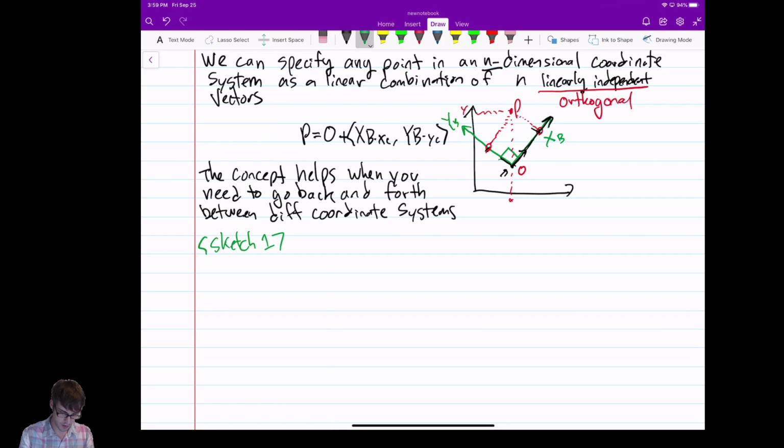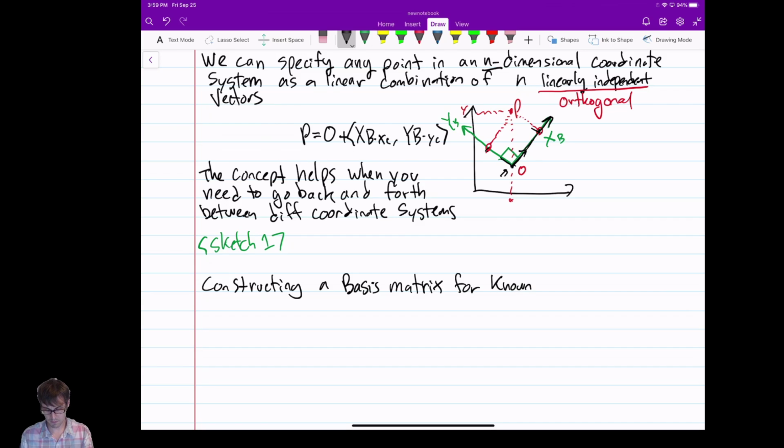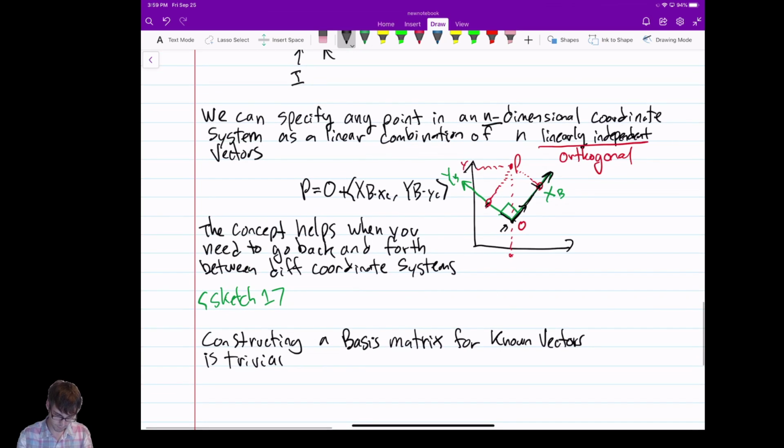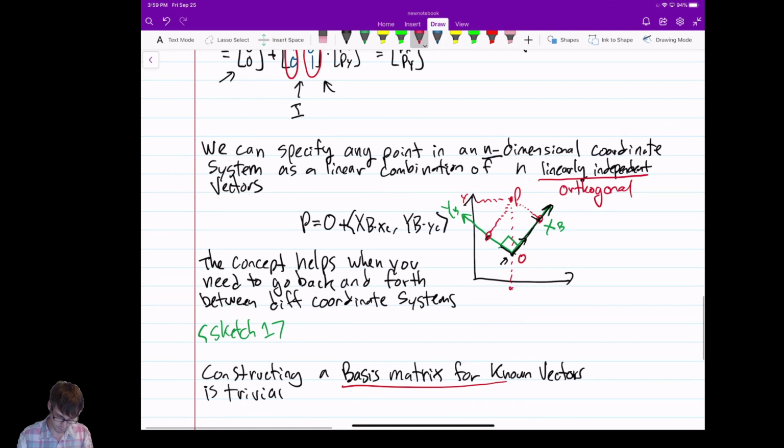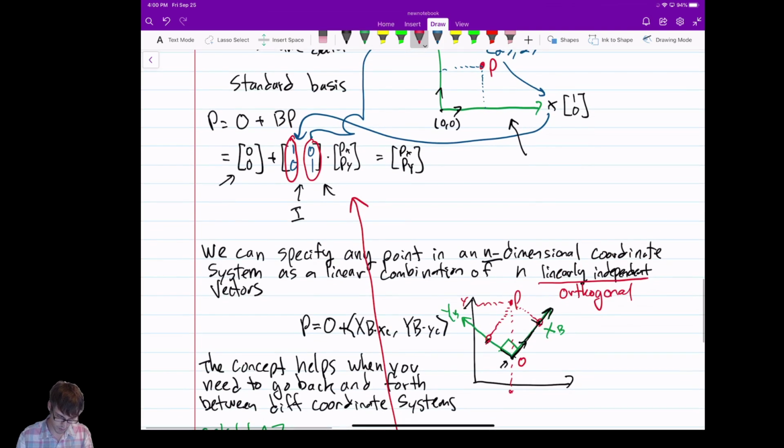So constructing a basis matrix for known vectors is trivial. I put the x there, I put the y there.